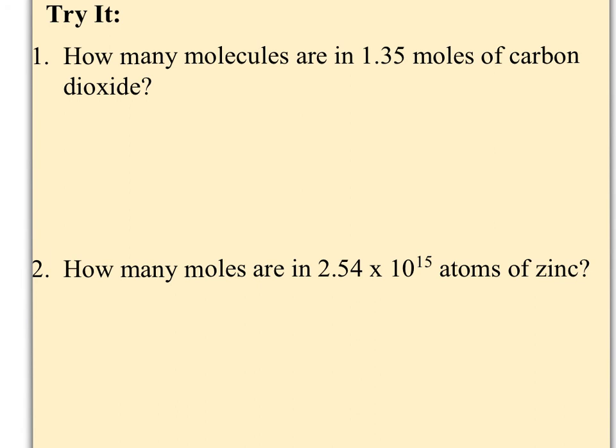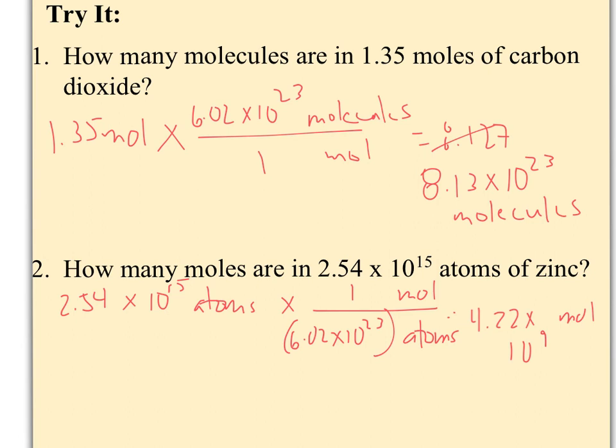And you should notice that 2.54 times 10 to the 15th is less than 1 mole. So when I take this and divide by the 6.02, it's not a big surprise that I'm going to get less than 1 mole's worth here. So I get a final answer of 4.22 times 10 to the 9th moles.